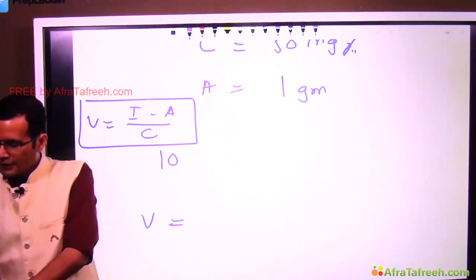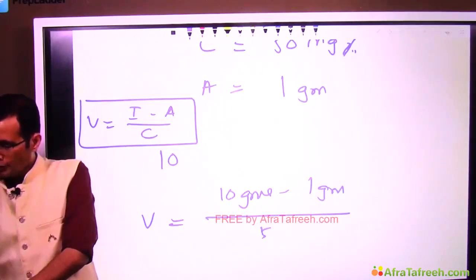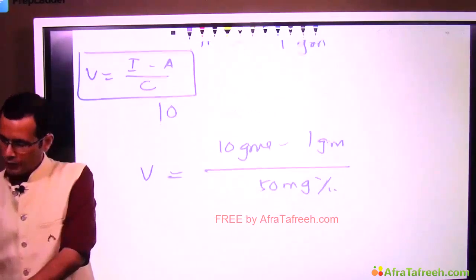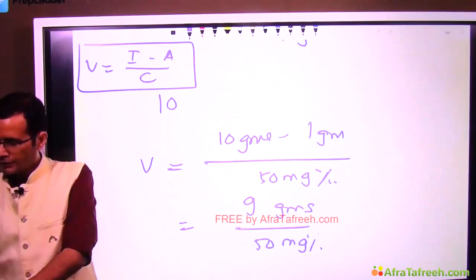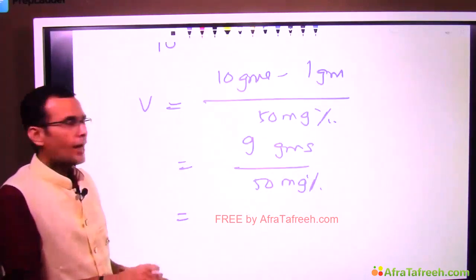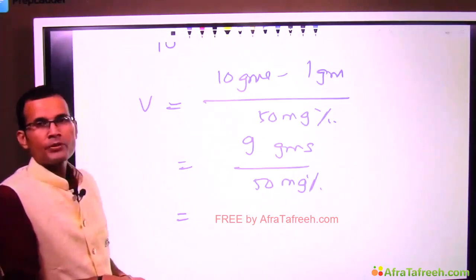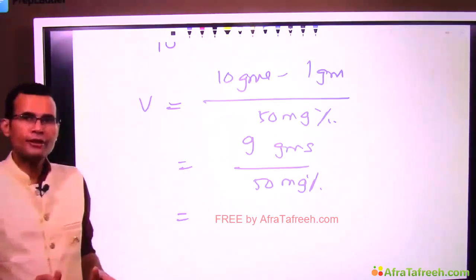So the volume of the ECF will be equal to 10 grams minus 1 gram upon 50 milligram %, that is 9 grams upon 50 milligram %. Okay, so the answer is 18 liters would be the volume of the ECF.